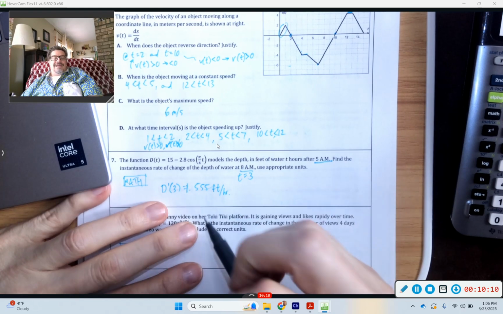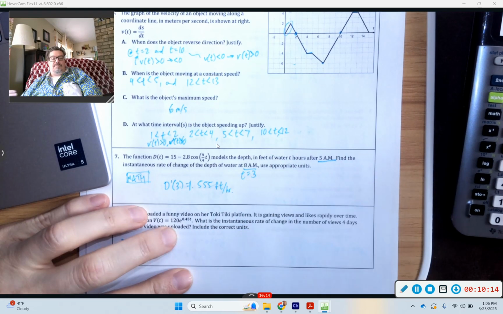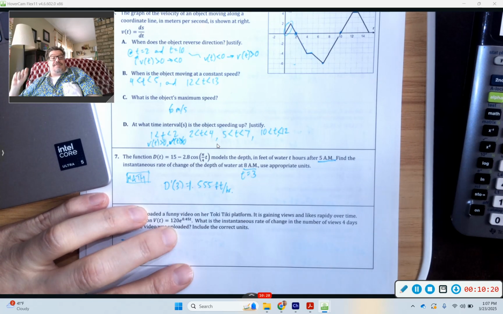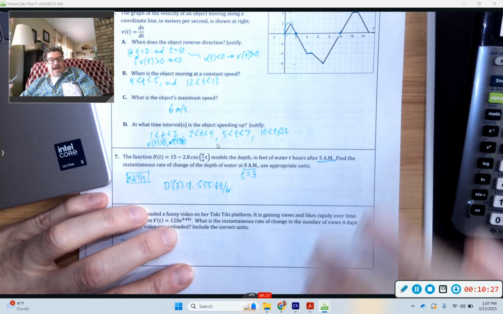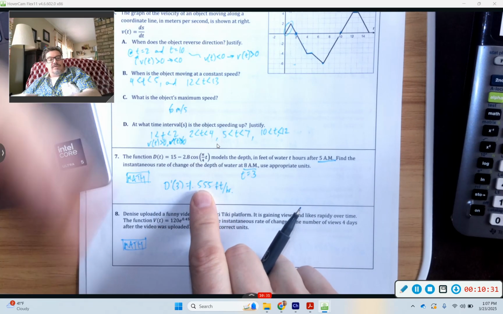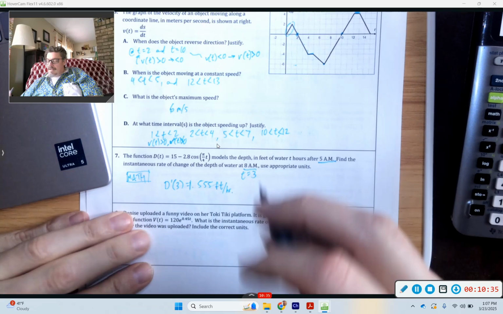So this guy means that at 3 hours, the depth is actually changing. It's getting deeper by 1.55 feet at that moment, right after 3 hours. So we could expect that with the next hour, the depth is going to be 1.555 more once we get to t equals 4. Okay, so right at that moment.